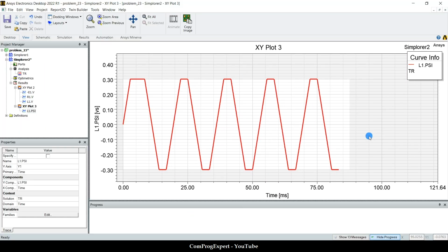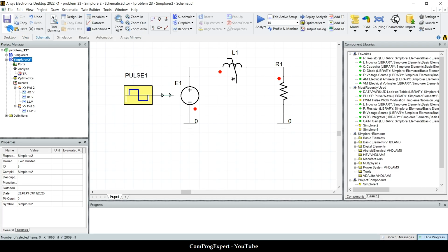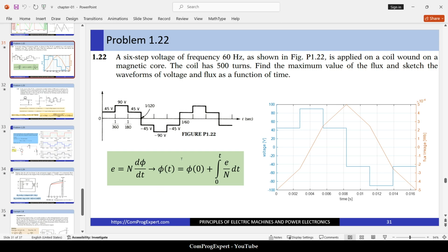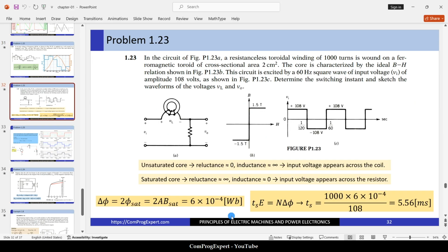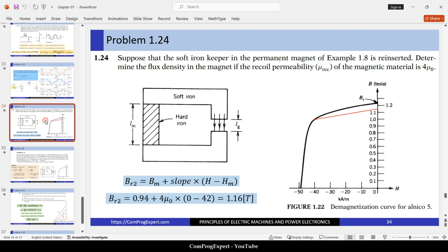Perfect software, very powerful, right? We can do such simulations. So this is the aim of the course, not just solving these problems analytically, but also using advanced software to learn the concepts in depth so you can redo this simulation and interpret the results. Anyway, let's continue with the next problem.